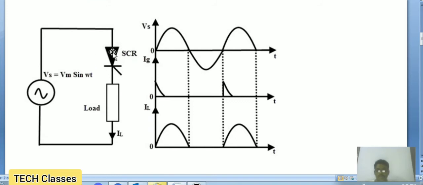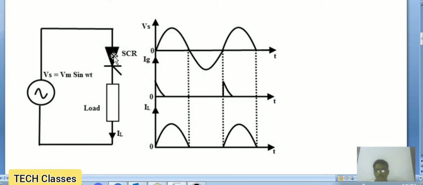In the case of natural commutation, it is turned off by the nature of the input supply. During the positive half cycle of the input supply, the SCR is in on state. Here I am considering 0, this is pi, this is 2 pi, this is 3 pi. From 0 to pi, the input voltage is forward biased, so the SCR is forward biased.